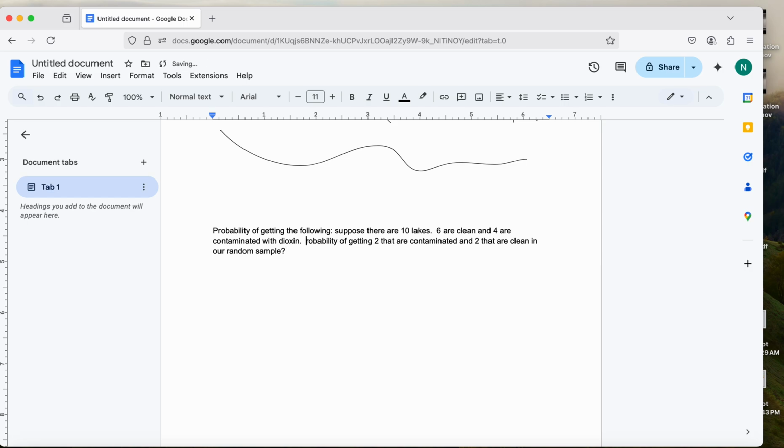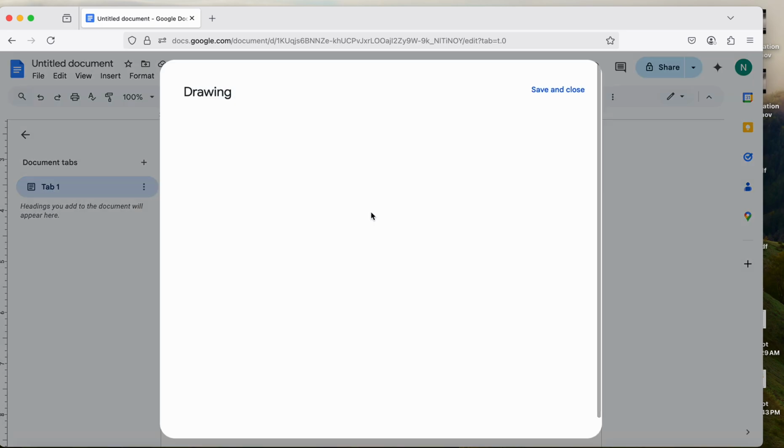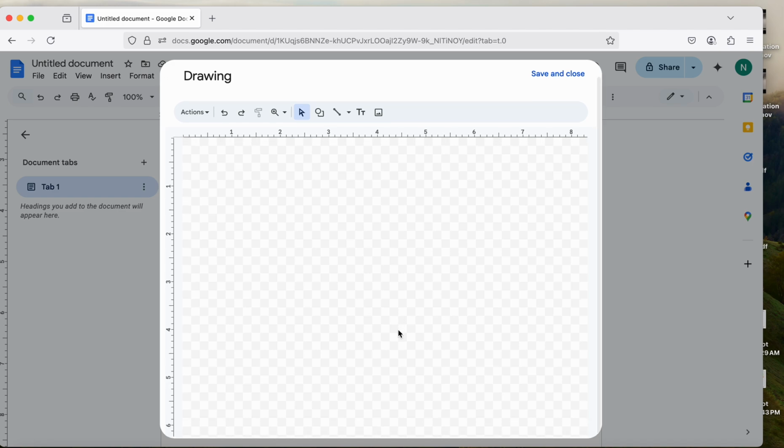I'm going to argue that order doesn't matter. You could make an argument, I suppose, and if you did, then you'd be making an argument with permutation. But I'm going to argue order doesn't matter. We're just looking for the groups that could occur.